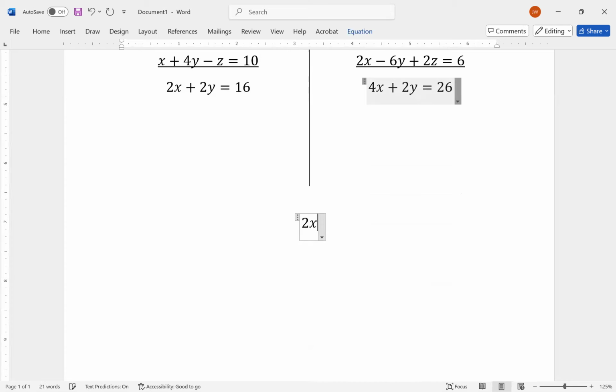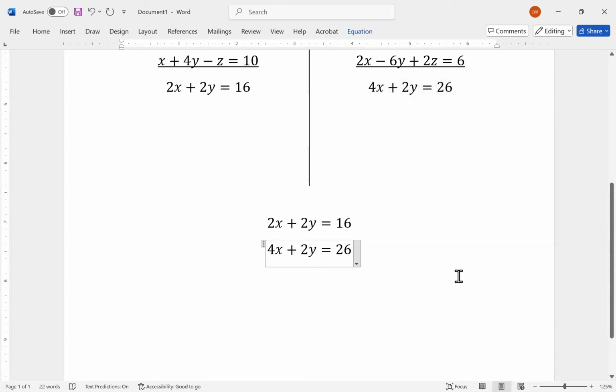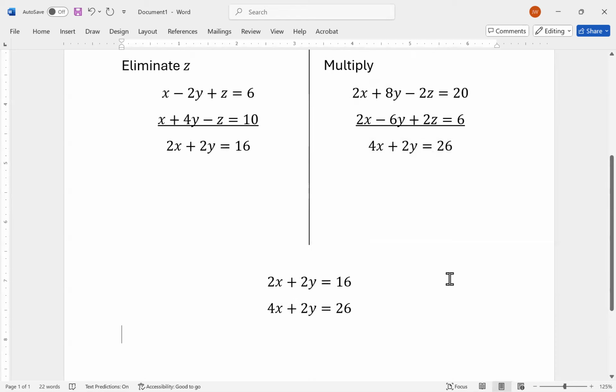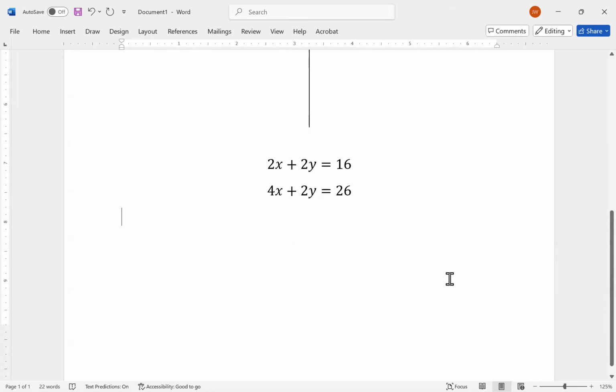We have one equation that says 2x plus 2y is equal to 16, and another equation which says 4x plus 2y is equal to 26. And I solve these like I would any other system of two equations and two variables. Things are lined up, so let's go ahead and eliminate the y variable.